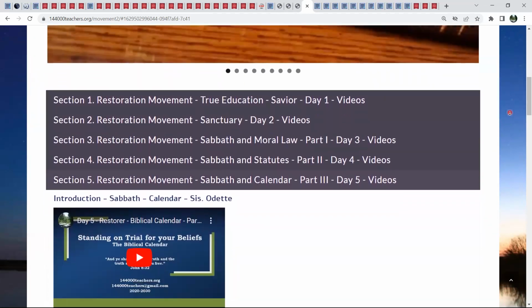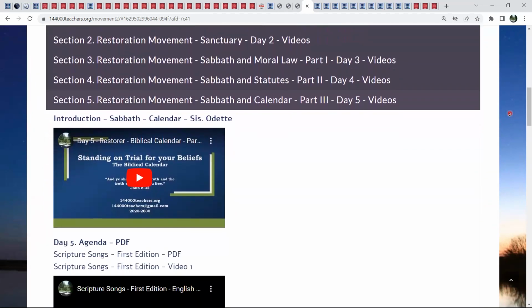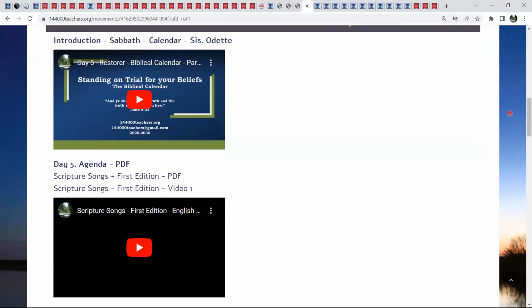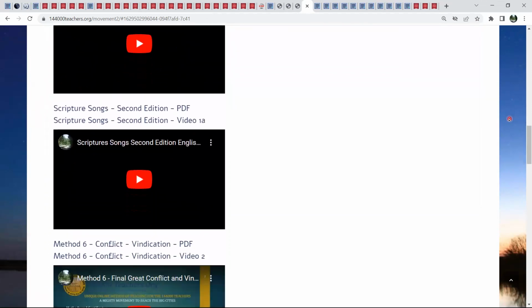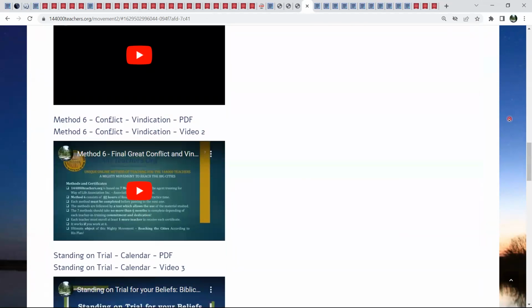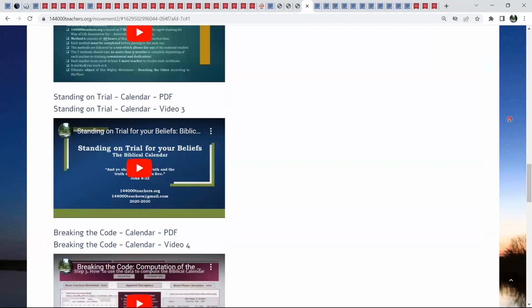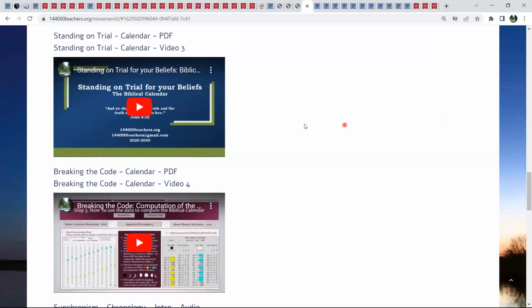And it's section number 5, Restoration Movement, the Sabbath and the Calendar, part 3. And this will bring you to this particular study that we recommend greatly, although you may have looked at it, but you need this understanding before you can understand the common and embolismic year. Now we have been able to determine this common and embolismic year.